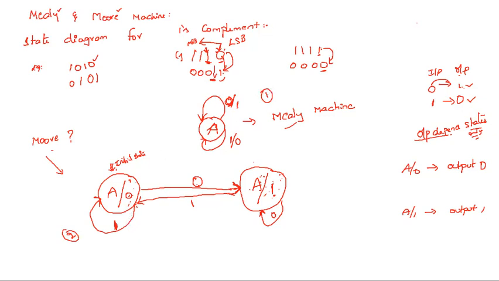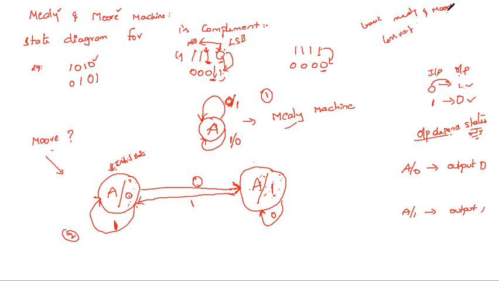This is the basic difference between Mealy and Moore. Moore consists of more number of states. Mealy consists of less number of states.